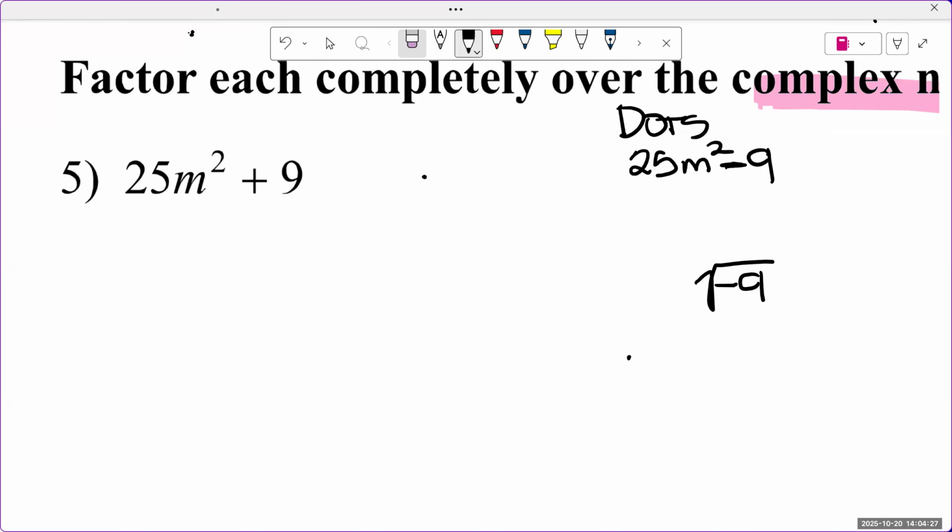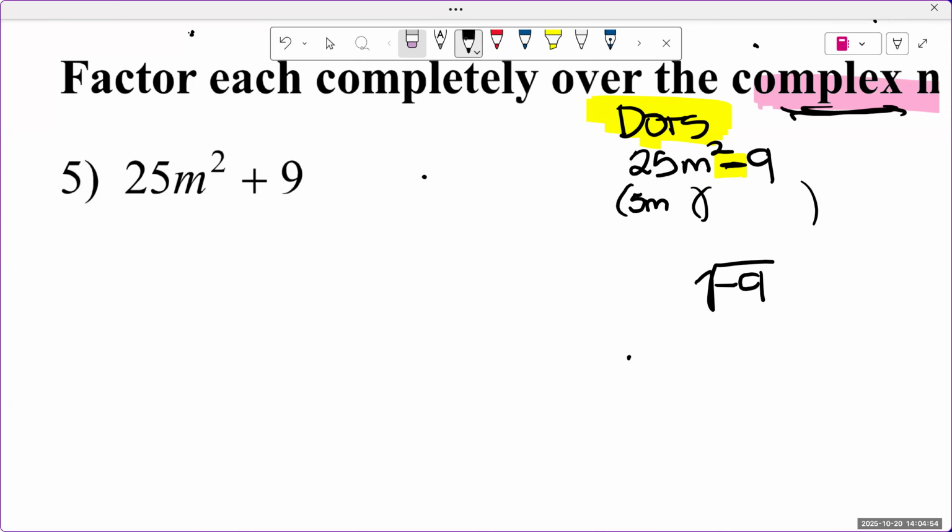Number 5, factor completely over the complex numbers. Now, in the past, we've seen this and we have said it cannot be factored. We know that we have the difference of two squares when there's a minus in there, but not when there's a plus. So if there's a minus in there, we take the square root of the first term.